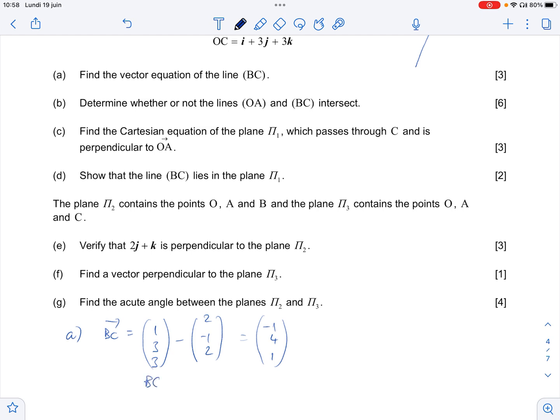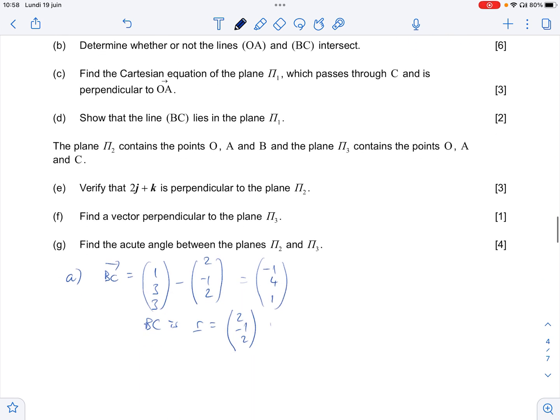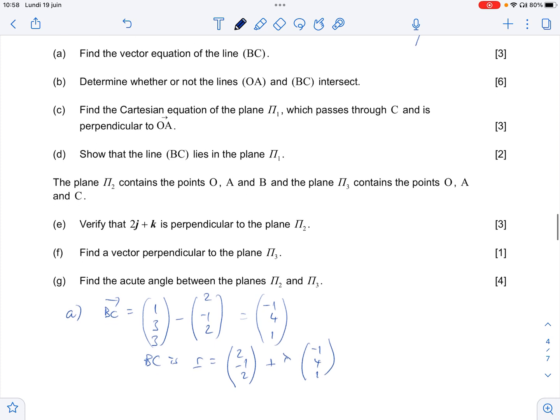Therefore, the line BC is r equals, let's use OB, 2, negative 1, 2. Or I could have used my 1, 3, 3, because I could get onto it by going to C as well, that would work. Plus lambda lots of our direction vector negative 1, 4, 1. That's the vector equation.